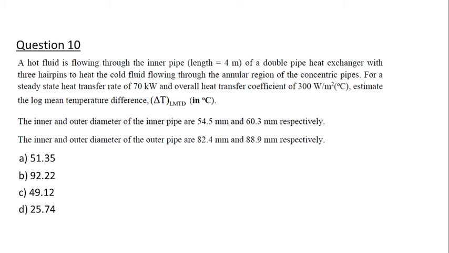For a steady state heat transfer rate of 70 kilowatt and overall heat transfer coefficient of 300 watt per meter square Celsius, estimate the log mean temperature difference. The inner and outer diameter of the inner pipe are 54.5 mm and 60.3 mm. The inner and outer diameter of outer pipe are 82.4 mm and 88.9 mm.